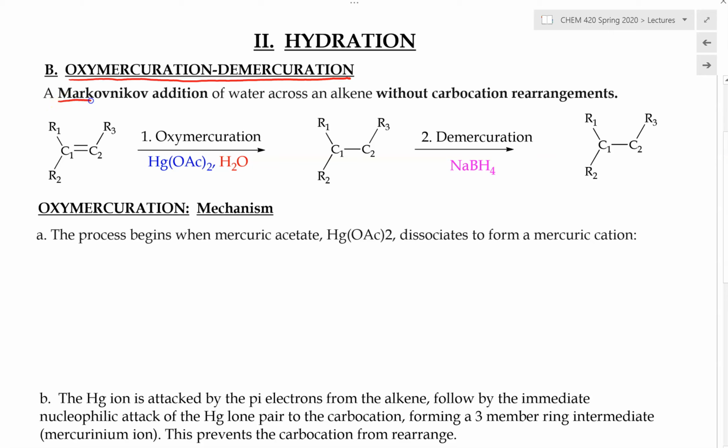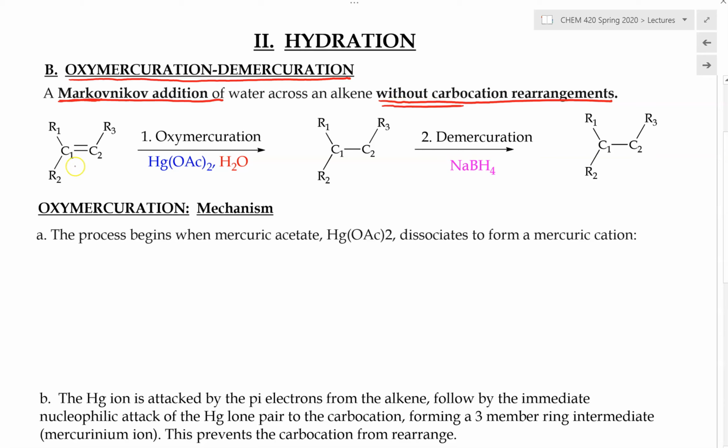So basically, it will do a Markovnikov addition of water across the double bond. And now the advantage of the oxymercuration-demercuration method is that this reaction will not undergo carbocation rearrangement. Carbocation rearrangement is a problem that we would observe with the acid-catalyzed hydration. But in this method, there will be no carbocation rearrangement.